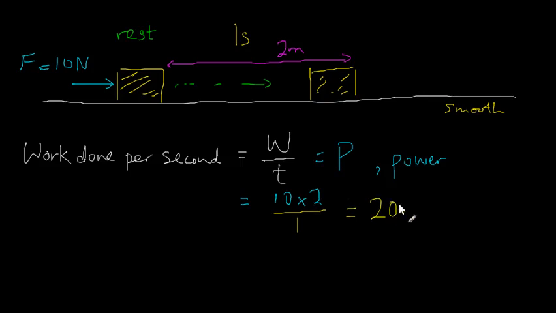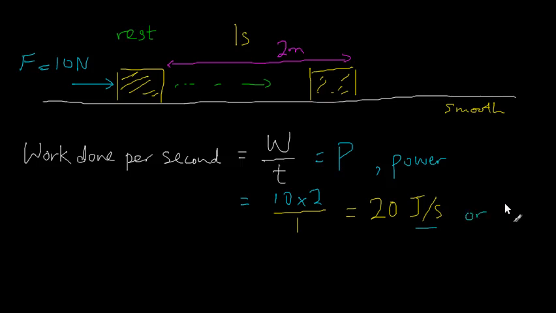Okay, now 20. If you look at the units for work and time, work is joules, time is seconds, so I can write this as joules per second. Now joules per second is also called watts in physics, right?